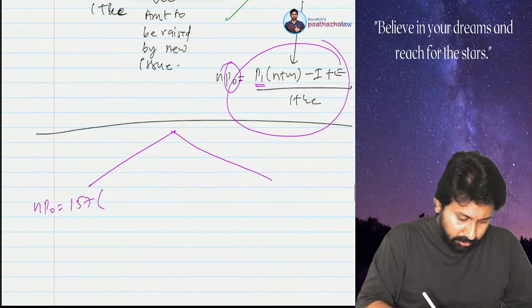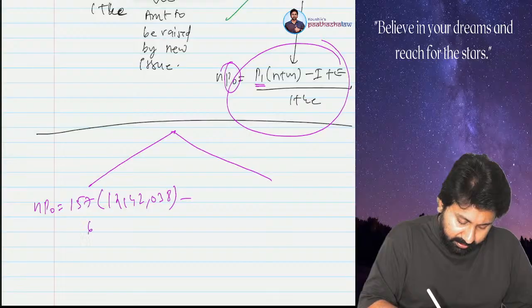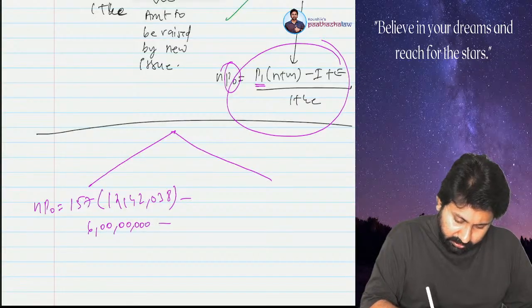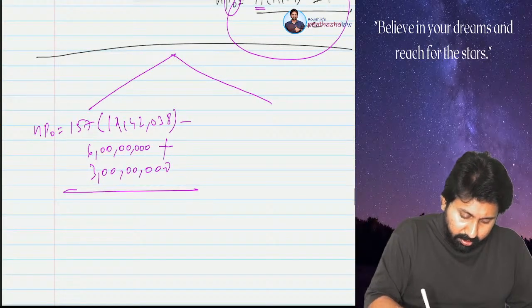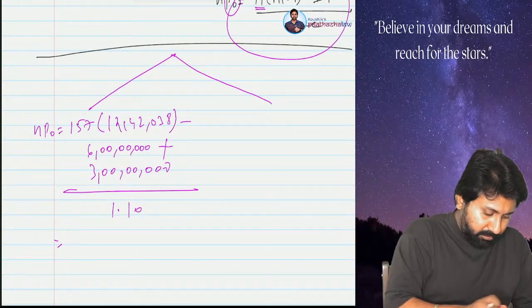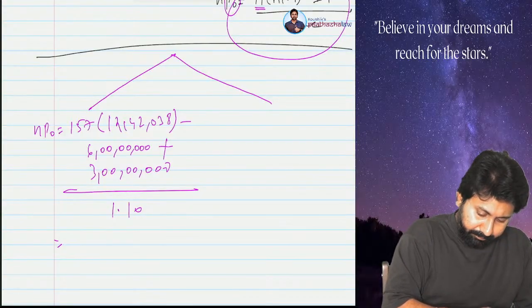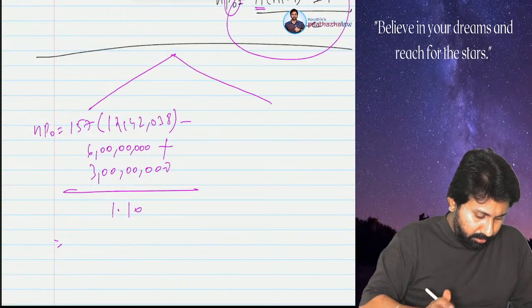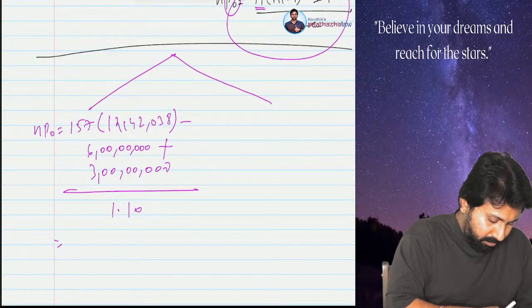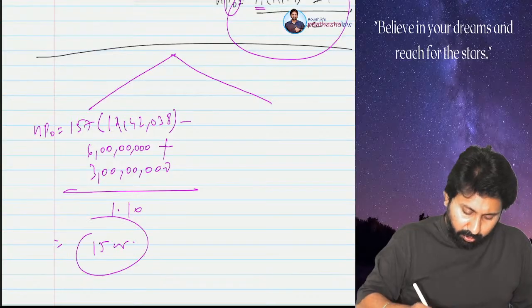So 12 lakh 42,038 minus I, 6 crore, plus earnings 3 crore, divided by 1.10. 157 into 12,42,038 minus 6 crore plus 3 crore, divided by 1.1. It came to 15 crore.